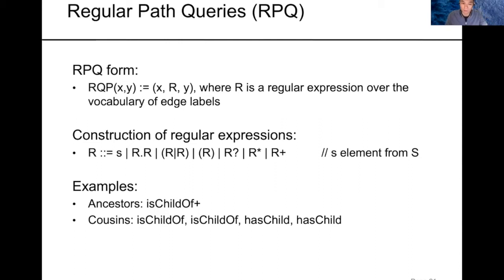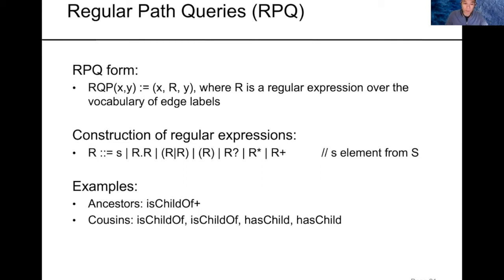It could also be the composition of two regular expressions, or a disjunction of two regular expressions, or an inverse of a regular expression. It also could be R question mark, which means zero or one occurrence of R, or R star, which means zero or more occurrences of R, and R plus means one or more occurrences of R.